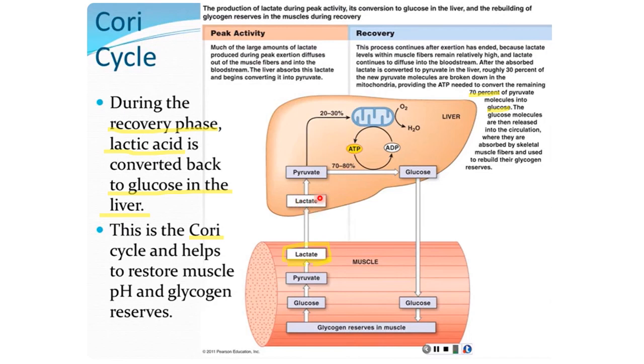The liver has an enzyme that can convert the lactate back to pyruvate. Why didn't the muscle do that? It was busy, but it doesn't have the enzyme. Okay, it doesn't have the enzyme. The liver has it. So lactate gets into the liver, it gets converted to pyruvate again.